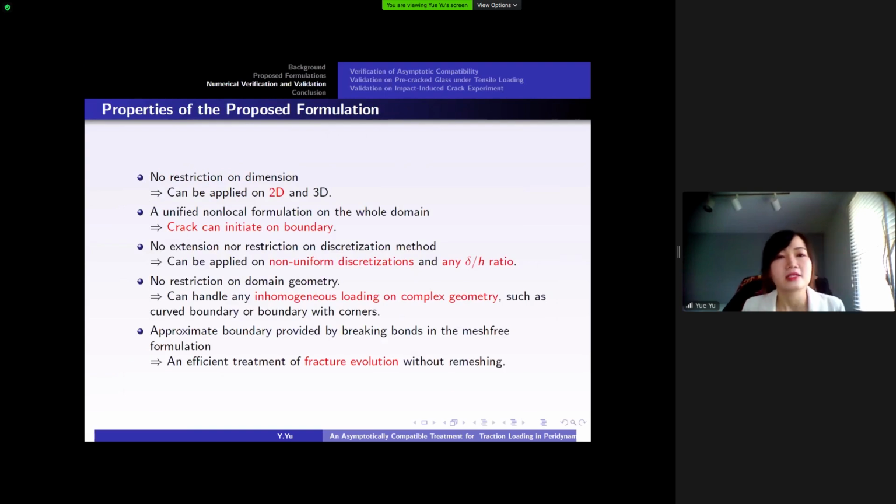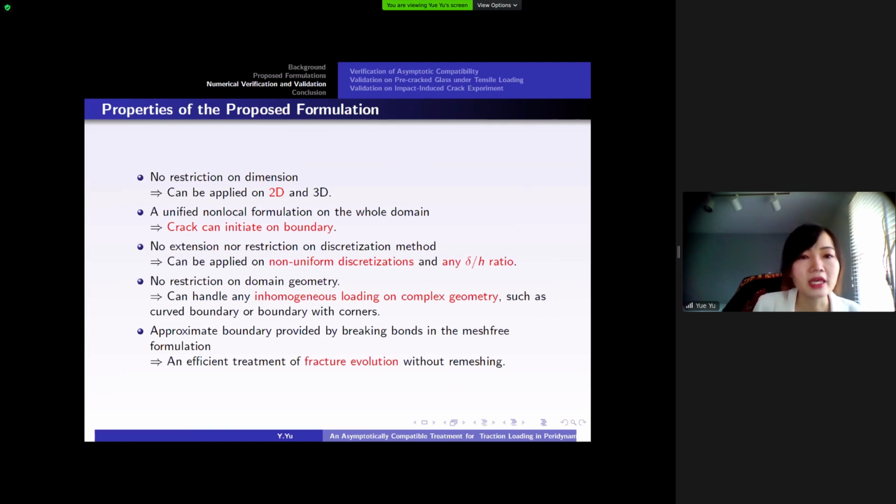Before we run the experiments, let's review some of the properties of this proposed traction loading formulation, and we are going to emphasize those properties highlighted in red in our numerical simulations. Firstly, we have no restriction on the dimension, so we are going to show the experiments in 2D, but it can be applied to 3D.